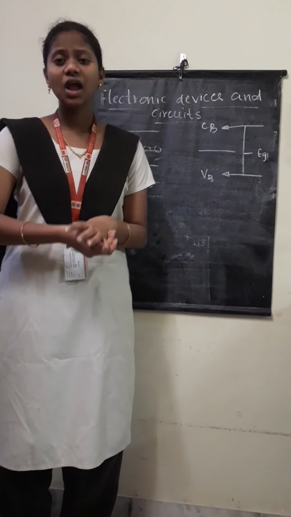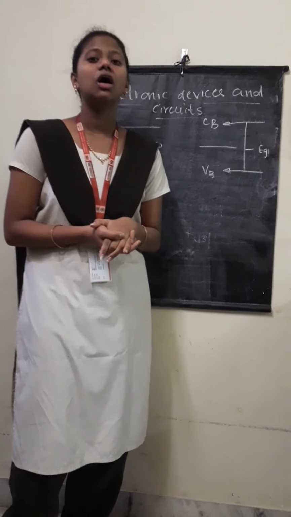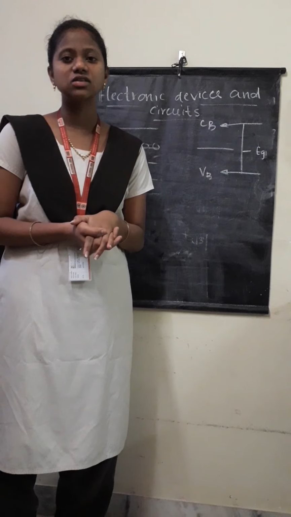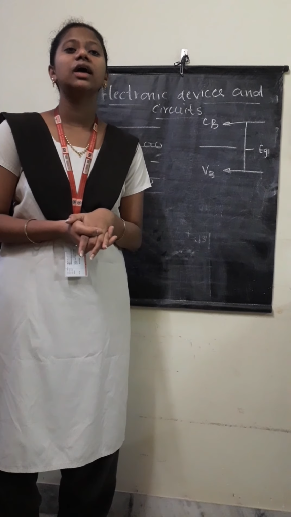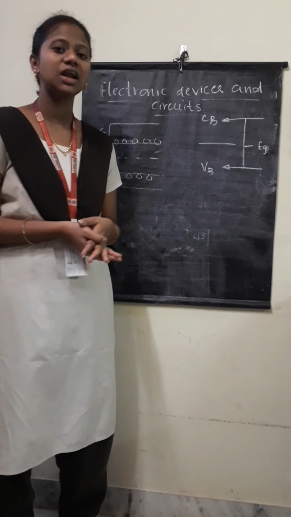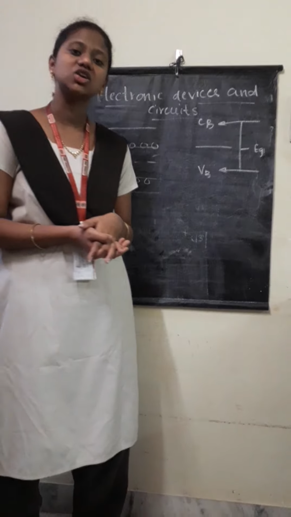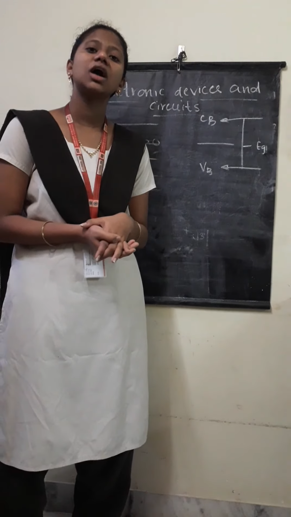At 0 Kelvin and at low temperature, the valence band electrons do not have sufficient energy, so they do not move from the valence band to the conduction band, and they act as insulators. After gaining sufficient energy, they move from the valence band to the conduction band.